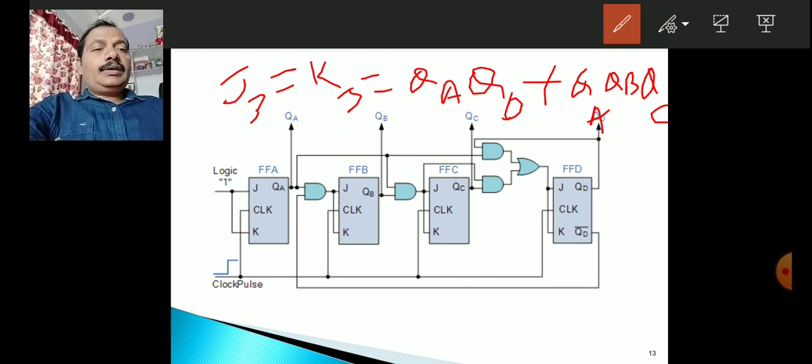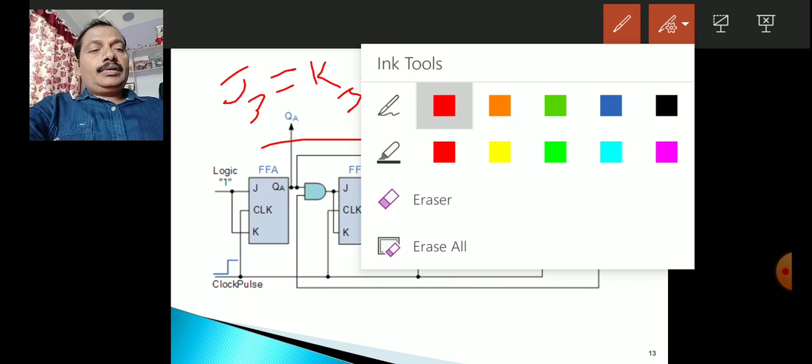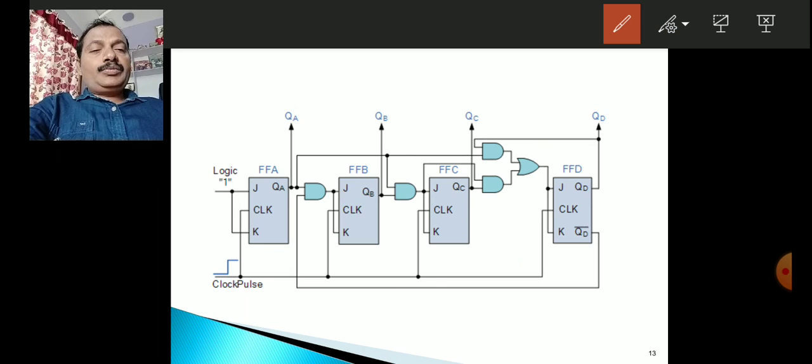So this is the design equation for the J3 K3 flip-flop. After connecting the gate circuitry, it will count from 0 to 9. And observe here, the same main clock pulse is applied to all the flip-flops because it is synchronous. So this is the design of the synchronous decade counter.